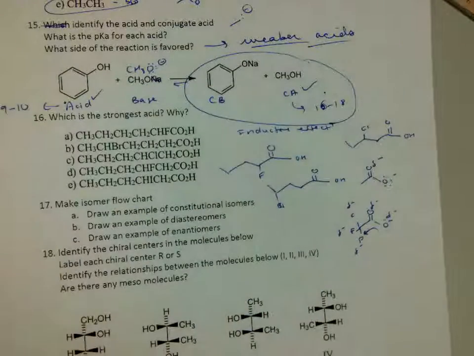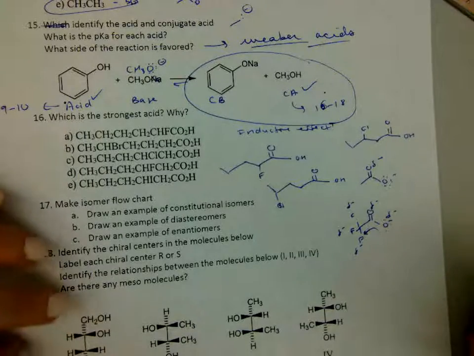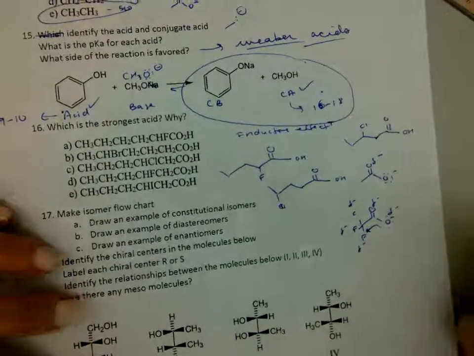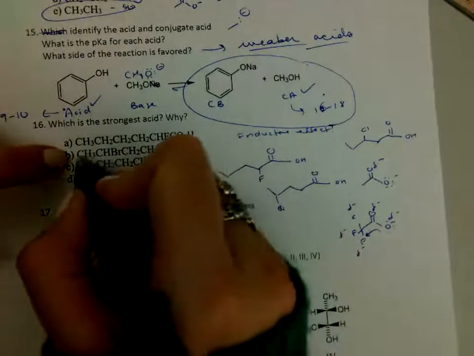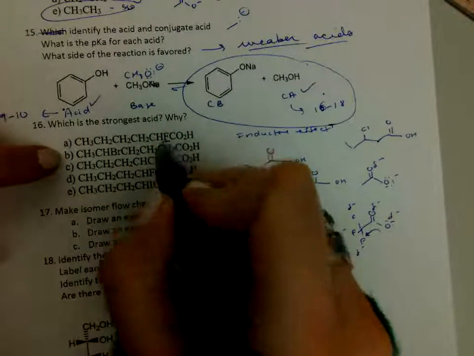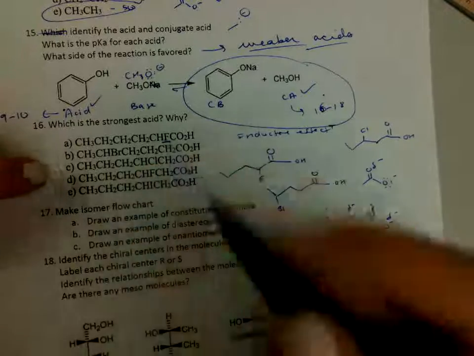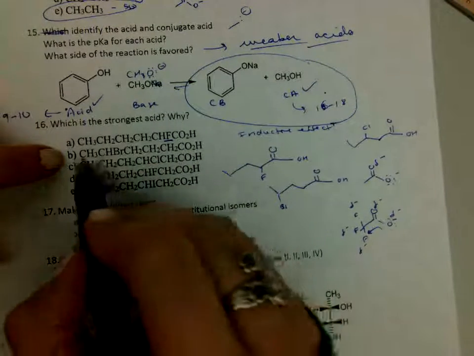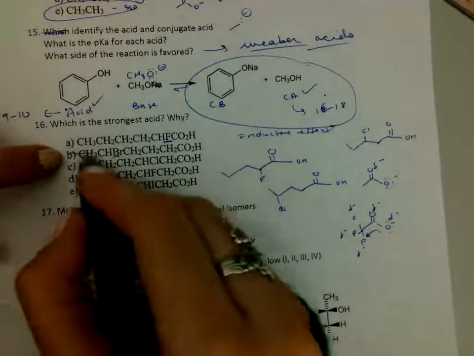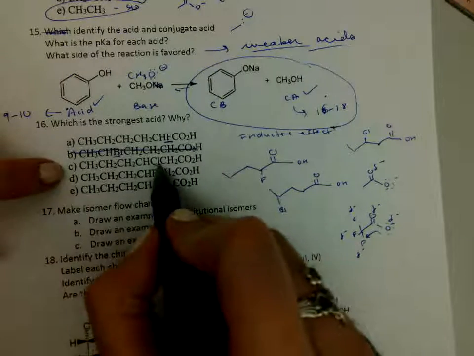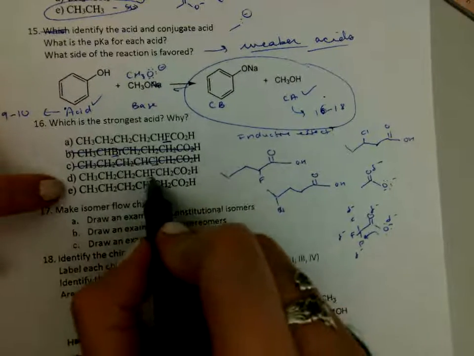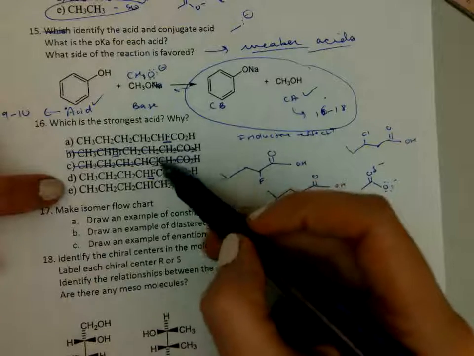So anytime you have a more inductive atom closer to your functional group, it's going to be more willing to give up a proton. Fluorine is the most electronegative atom, and in this one, the fluorine is 1 carbon away. So the only way we can get better than that is if we have 2 fluorines. This has a bromine, so that's not going to be as good as fluorine. This has a chlorine, not as good as fluorine. This has another fluorine, but this fluorine is closer.